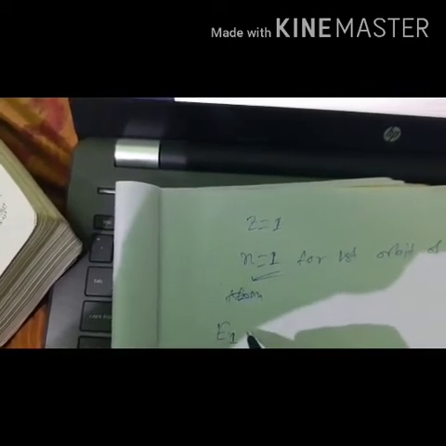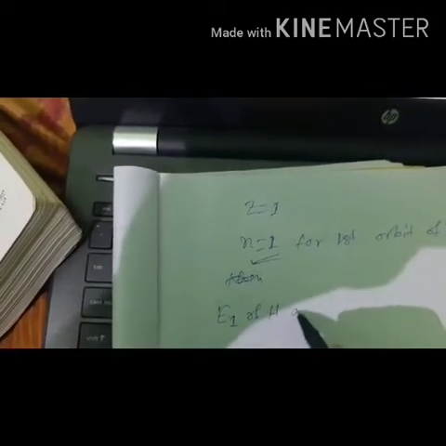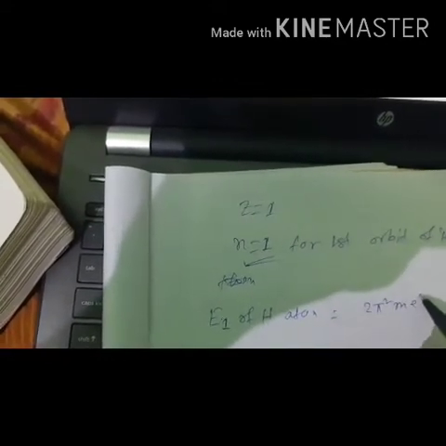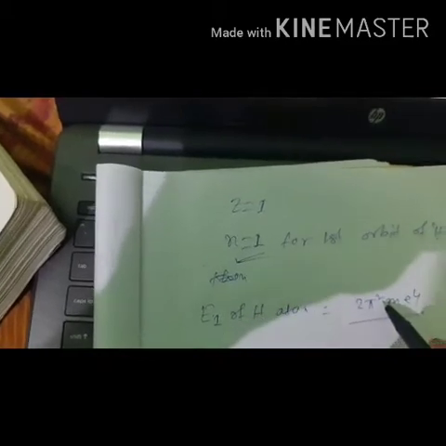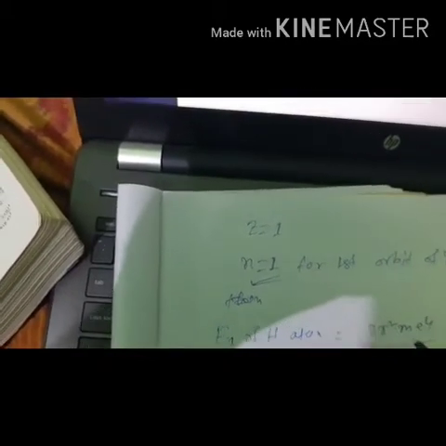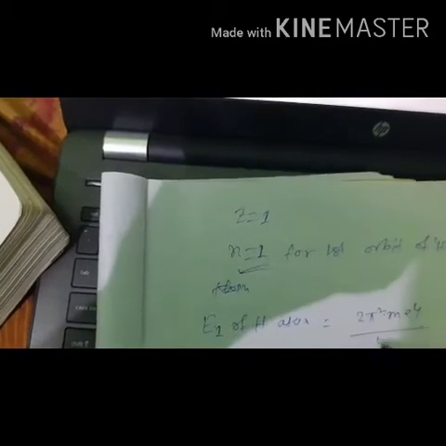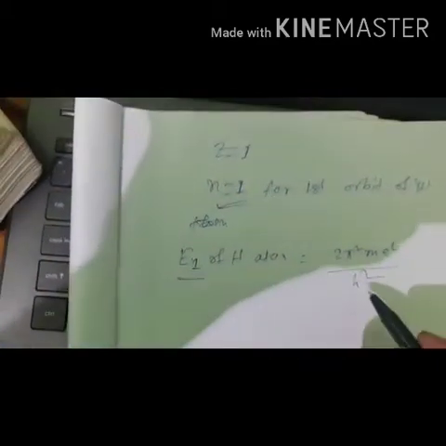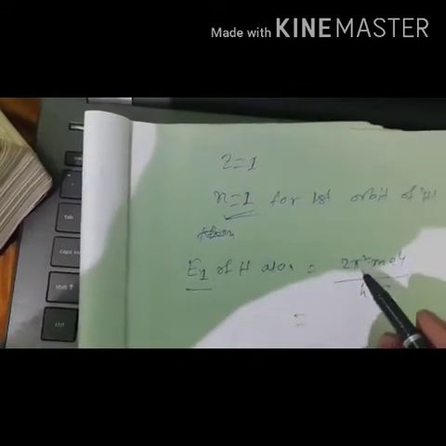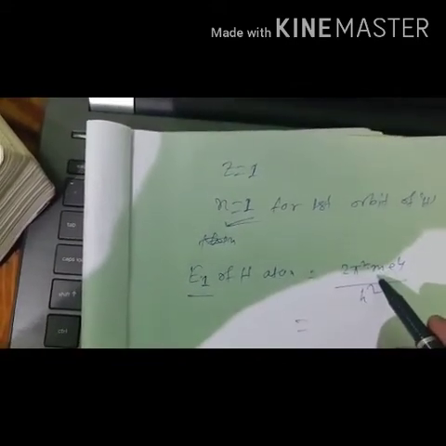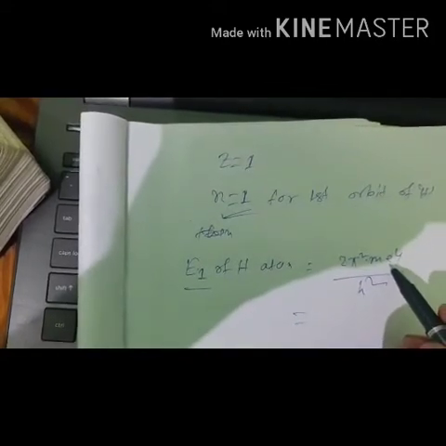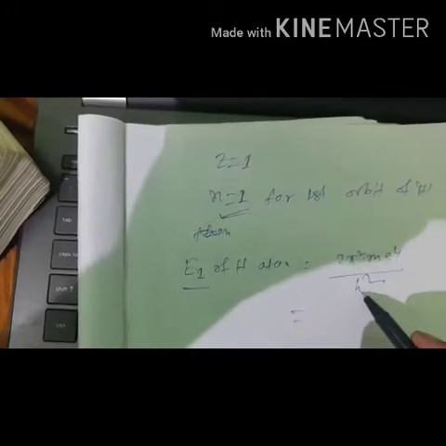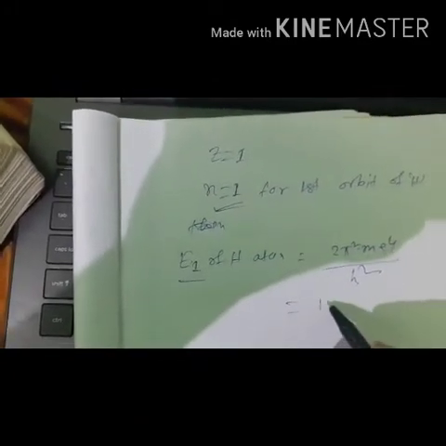the energy E1 of the hydrogen atom will be 2 pi square m e to the power 4 divided by h square, with Z value 1 and n equal to 1, as we have taken the first orbit of the hydrogen atom. Now you know the value of pi is 3.14, m has a specific value, the electron has a specific amount of charge, and the Planck constant also has a definite value.